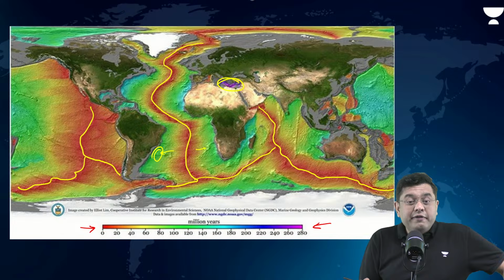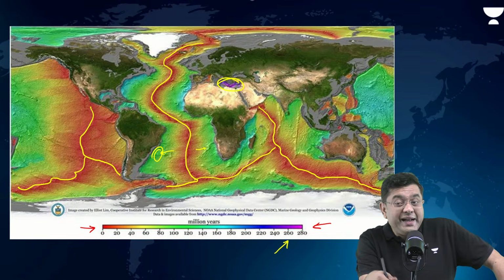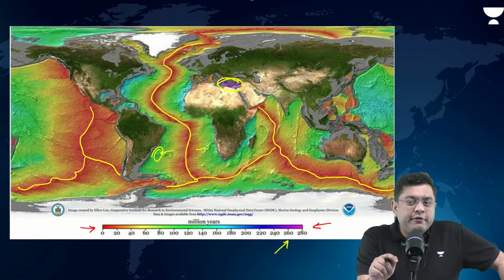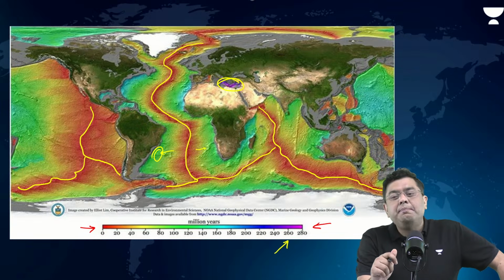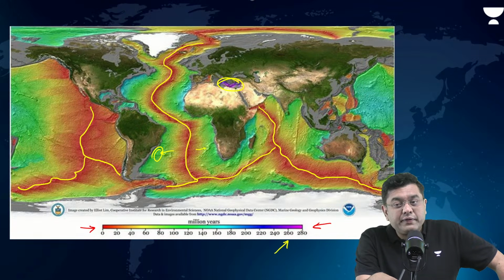That is the region of the Aegean Sea, Ionian Sea. Here, the rock age is almost 260 to 280 million years old. That means here, the oceanic floor is as old as the time of Pangaea and Panthalassa. That is how old the oceanic layer here is.